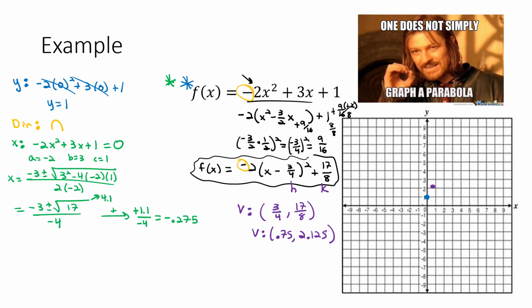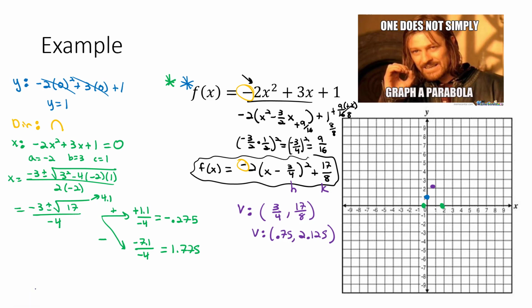So our first x-intercept is at negative 0.275. Our second one is when we subtract: negative 3 minus 4.1 is negative 7.1 divided by negative 4. And when we put that in the calculator, we get 1.775.